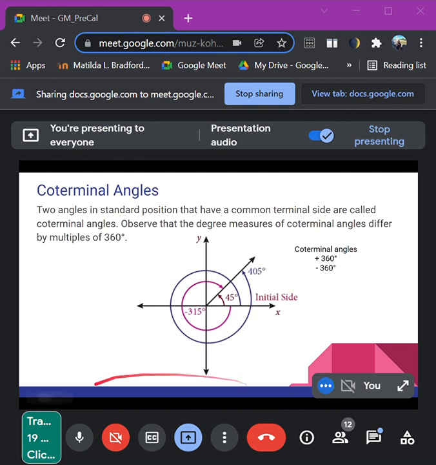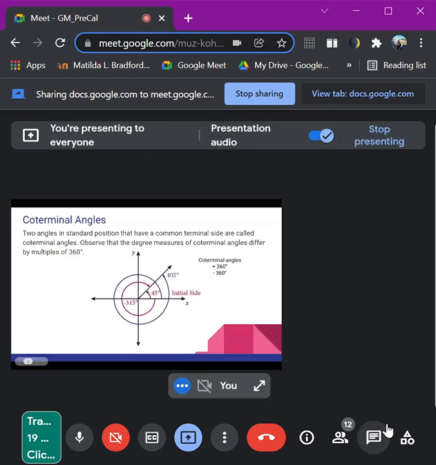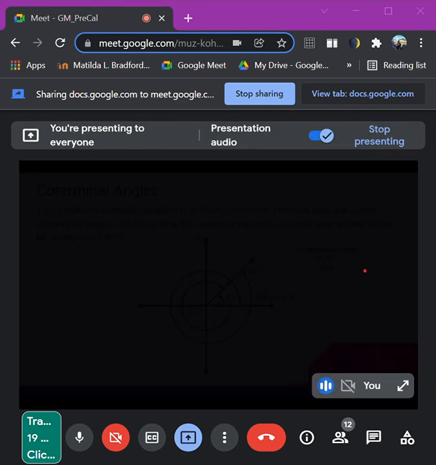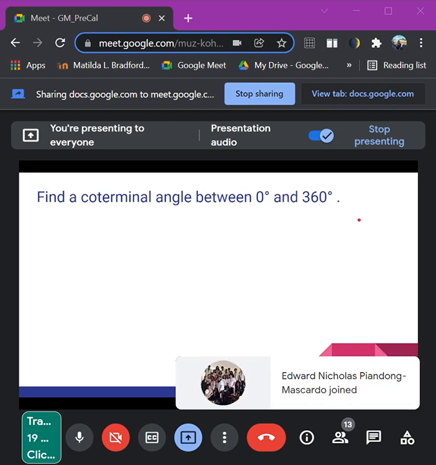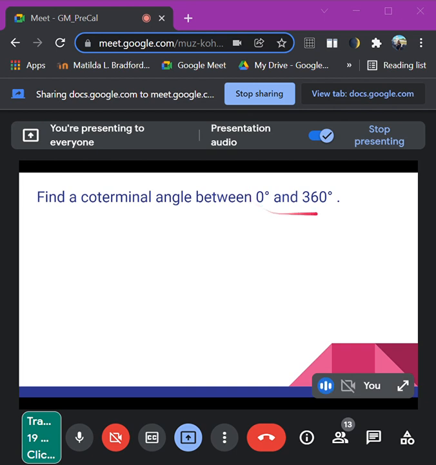No questions? Okay. Now, this time, let's have this one. We're going to find a coterminal angle between 0 degrees and 360 degrees. So our coterminal angle should be in this range only, from 0 to 360 degrees.